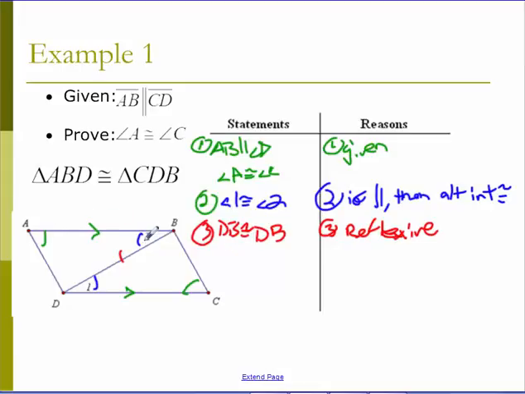Now I have an angle, and a side, and the side is on the end, not in between. So it's angle, angle, side. So my triangle ABD, I'm just copying what I see over here. It's congruent to triangle CDB. Make sure you just copy down exactly what you see there.